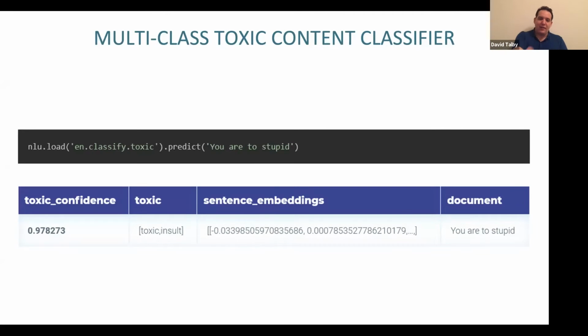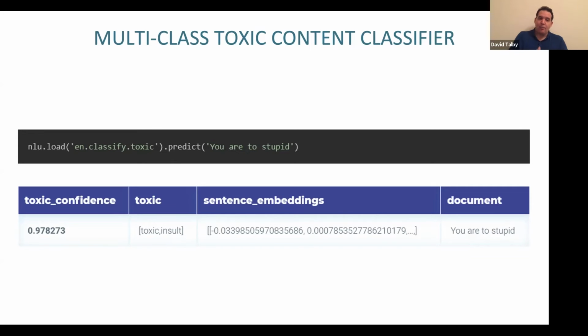If you look at the example here, you're so stupid. As you can see, it returns 2 classes. This is a toxic sentence and an insult. These specific classifiers can also look at sexism, look at identity attacks, and there are 2 or 3 other classes that it can identify together with confidence. So that's one pre-trained model.